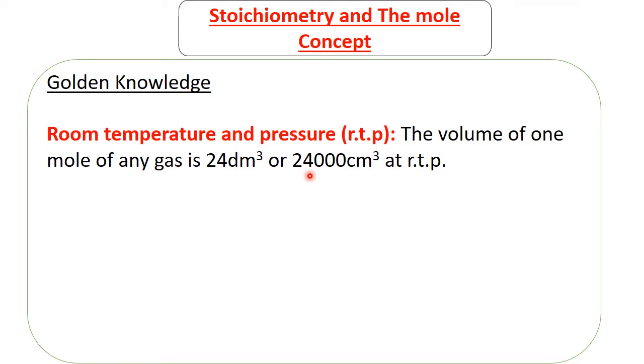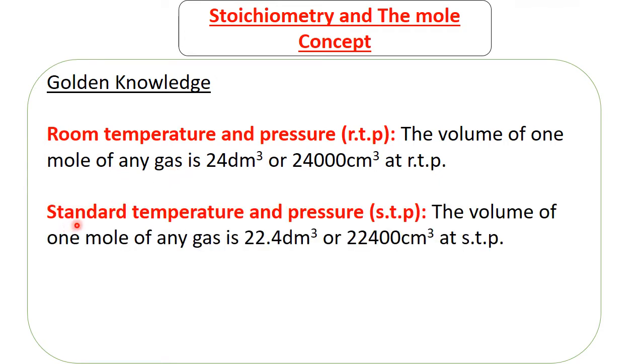So always when you have been given a calculation and they have stated that the reaction is happening at RTP, just know that the molar volume of that gas is 24 decimeter cubed or 24,000 centimeter cubed. This is what is called molar volume, because it's the volume of 1 mole of any gas.